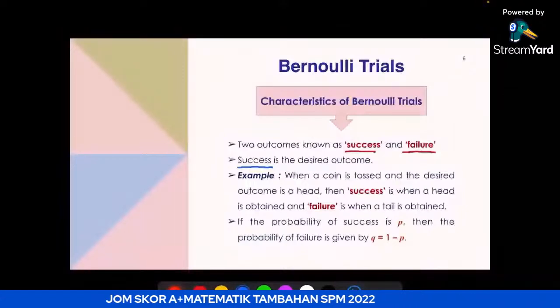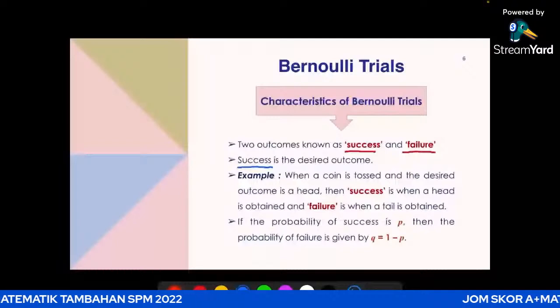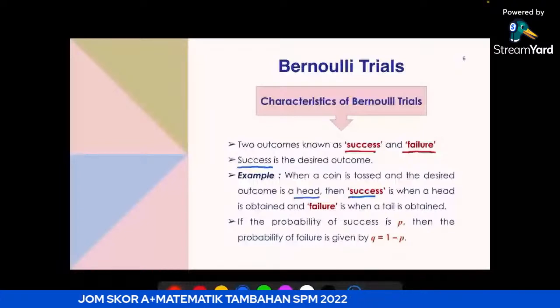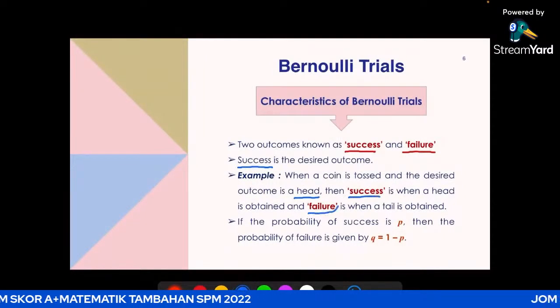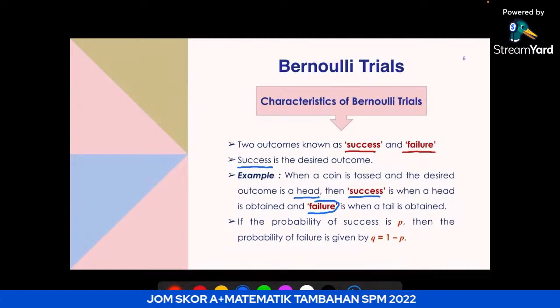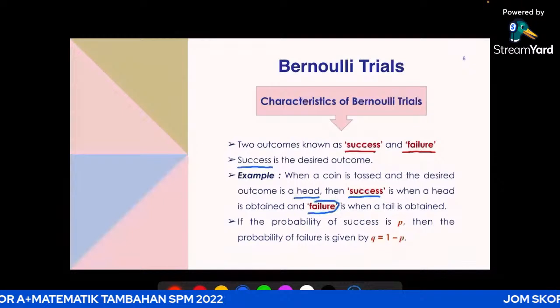Example: when a coin is tossed and the desired outcome is head, then success is when a head is obtained and failure is when tail is obtained. Itu maksud success in this case, failure in this case. Apa yang kita tak nak tu kita kira sebagai failure. Apa yang kita nak tu dikira sebagai success.